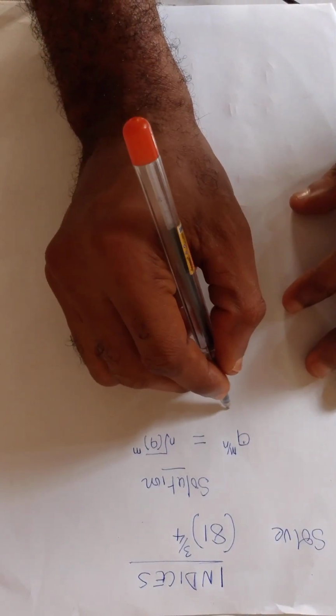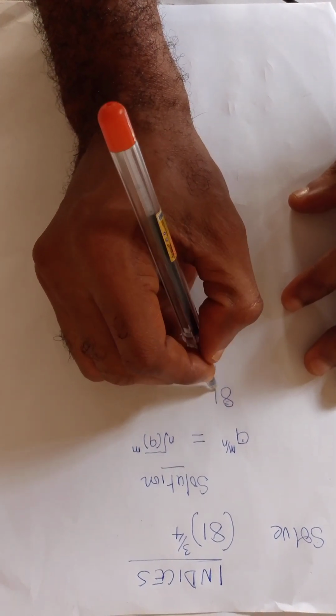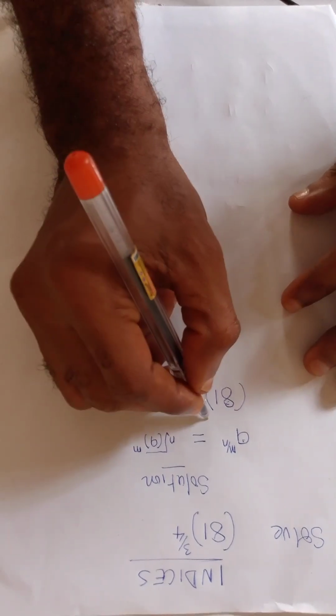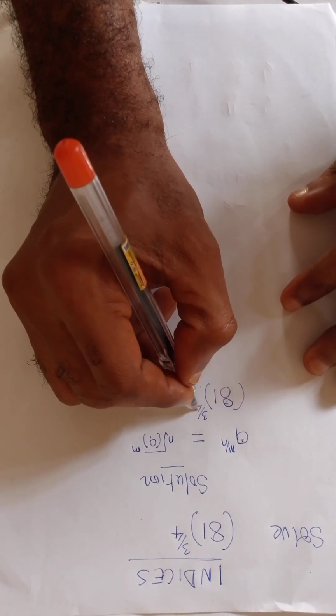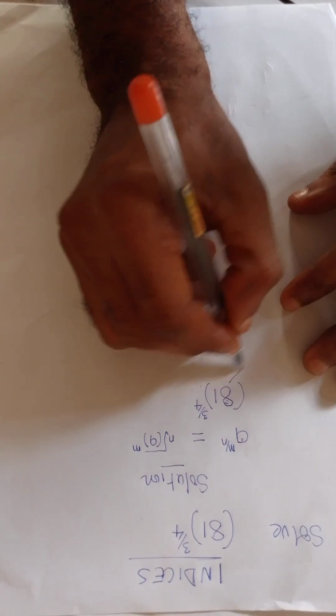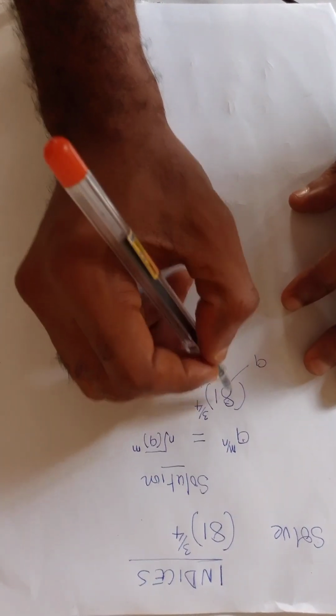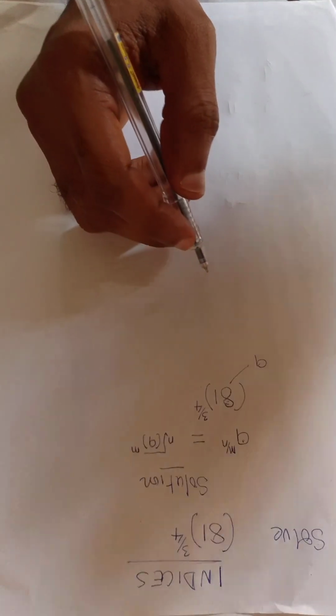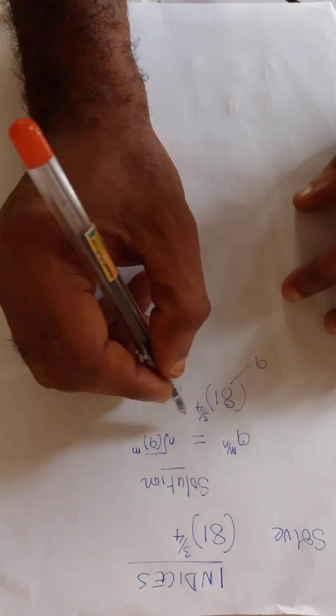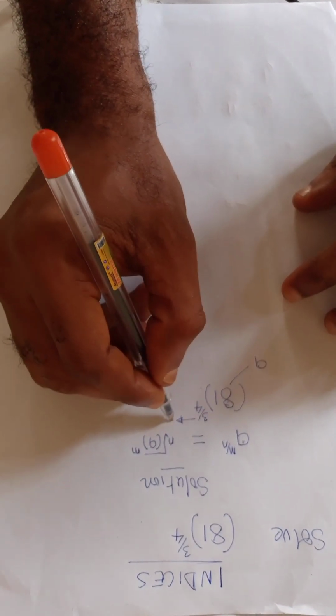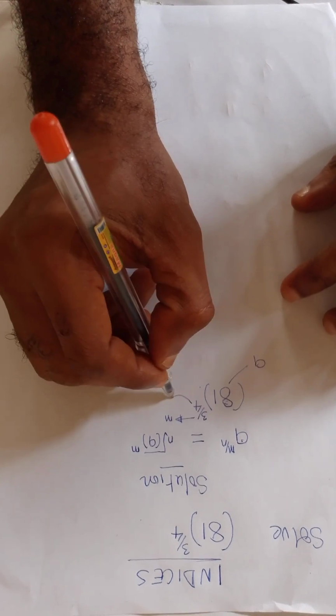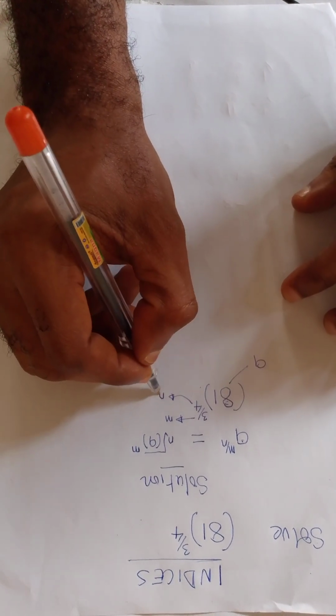And so let's bring out our question. This is the question. We have 81 raised to the power of 3 over 4. If we compare it to this particular formula, this is our a, this is our m, and this is our n.